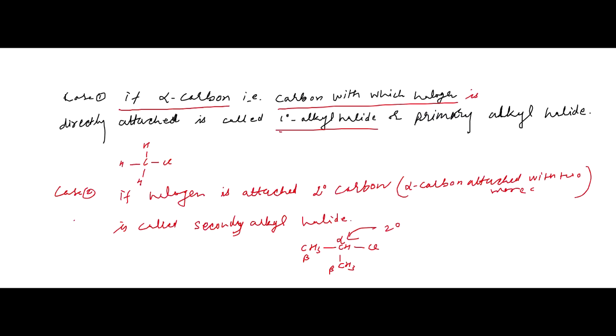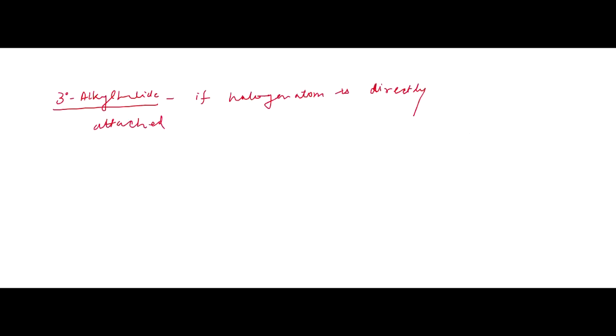So if halogen atom is directly attached with 3-degree carbon, not the hydrocarbon, 3-degree carbon. What is the meaning of 3-degree? Alpha carbon attached with 3 other carbon.